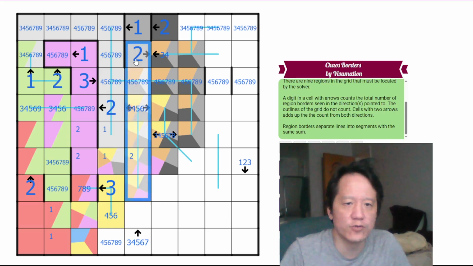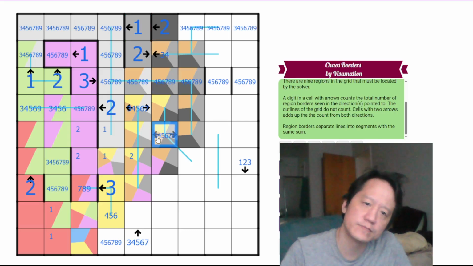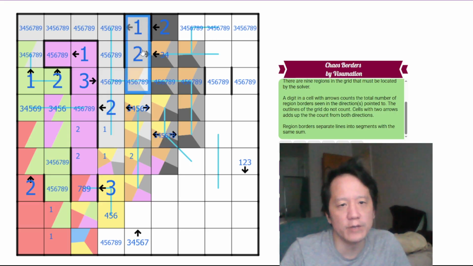So can this ever be all gray? I mean, you could do something like this is light, and then this is, well... If this medium gray extends to here, it will always include these other 4.